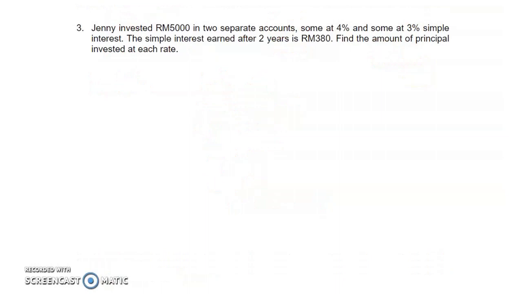Now let's look at number 3. Jenny invested 5,000 in two separate accounts, some at 4% and some at 3% simple interest rate. So Jenny has 5,000, which is value P, the principal.